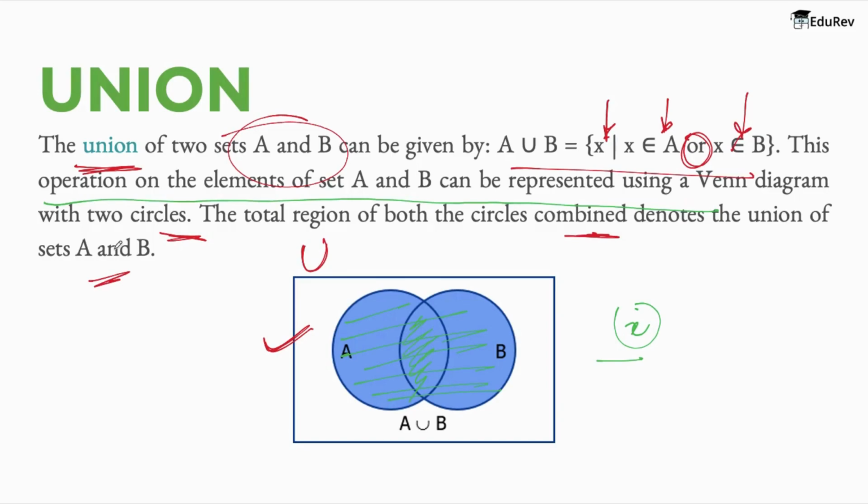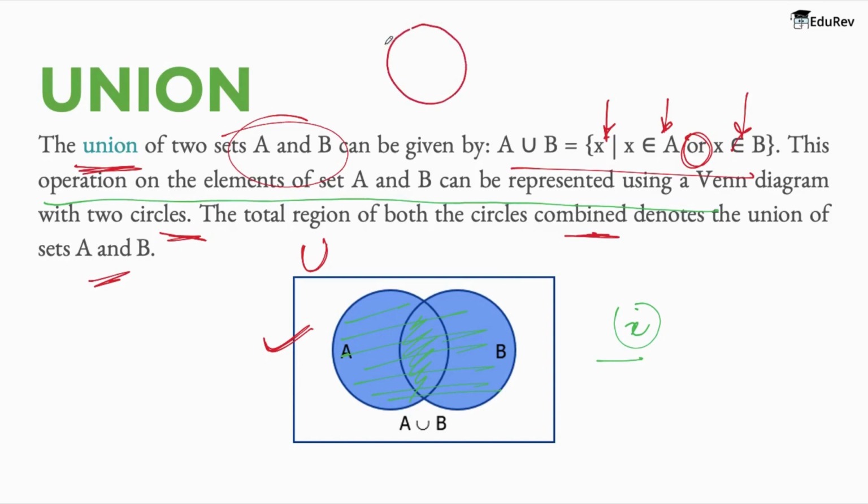So basically this is the meaning of your union, and to find the union of two sets, you basically need to take the combination of all the elements which are present in both of your sets. Alright, so let's understand how I can write the union of two given sets with the help of a simple example.